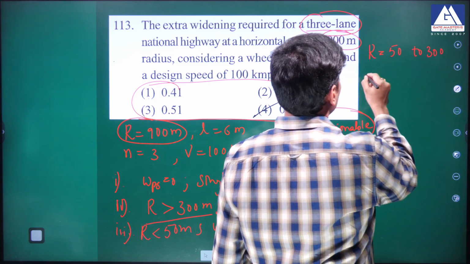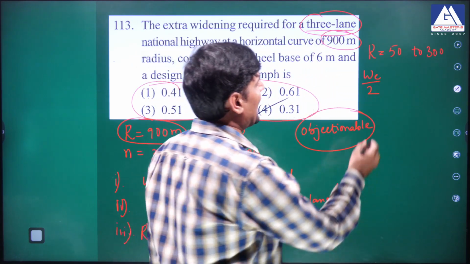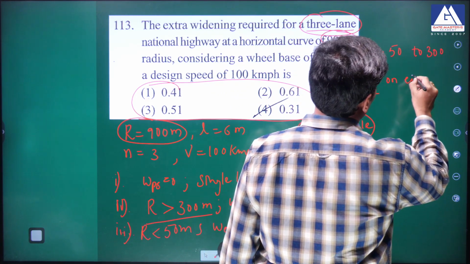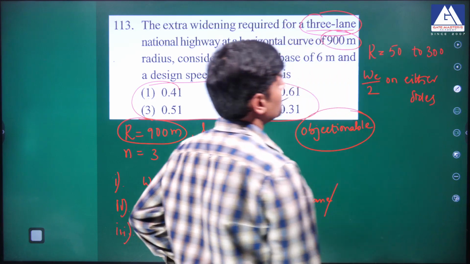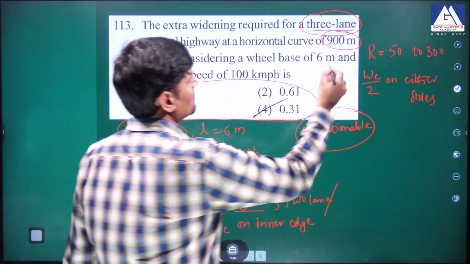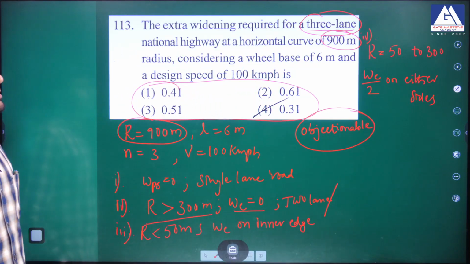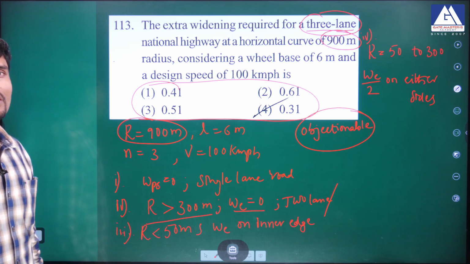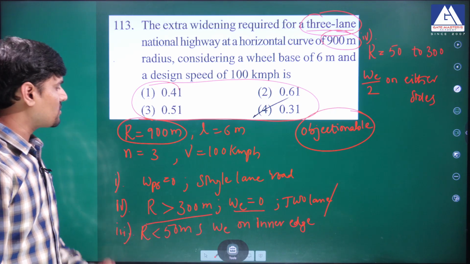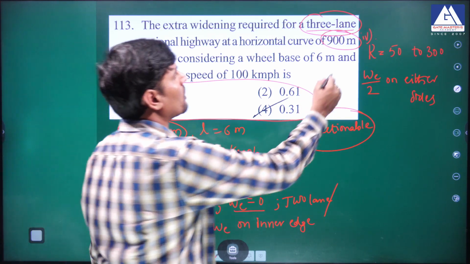This WE by 2 should be provided as half on either side. These are very frequently asked questions. So for any candidate preparing for any PSC examination, GATE examination, AEE examination or IES examination, you have to remember these 4 conditions.